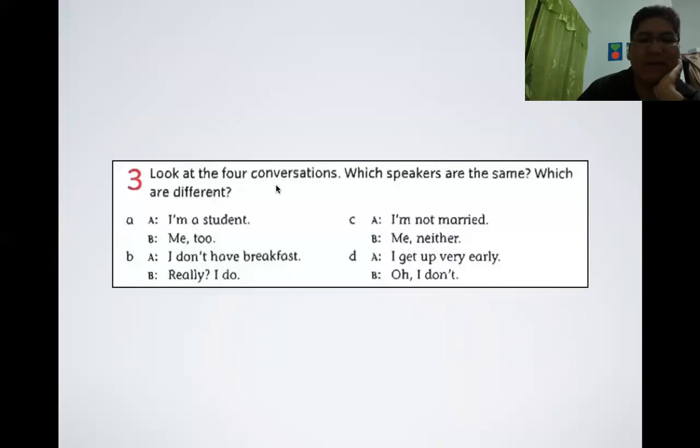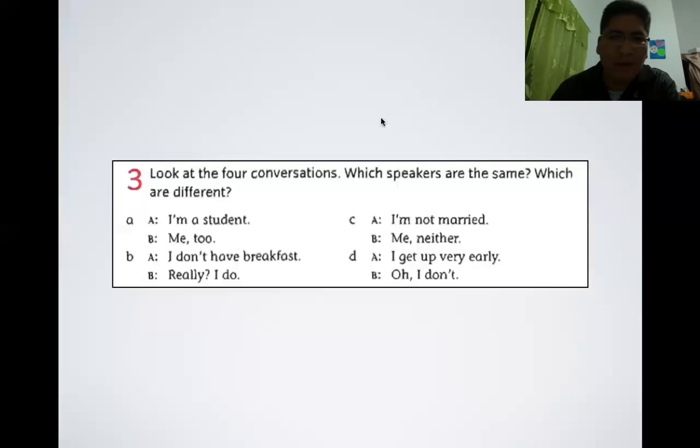Exercise number 3. Look at the fourth conversation. Which speakers are the same and which are different? Okay, in this case, for example, in conversation A, when the first person says, I am a student, and then the other person says, me too, that means that they are the same, because when the other person says me too, that means they have the same thing in common.